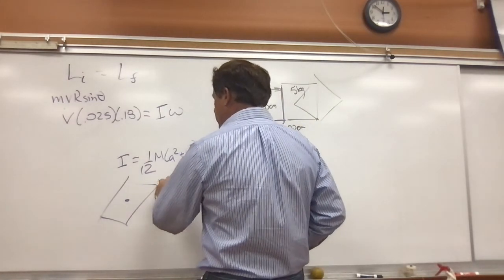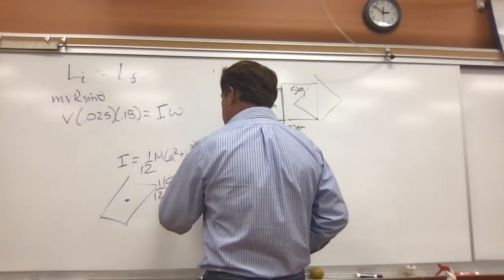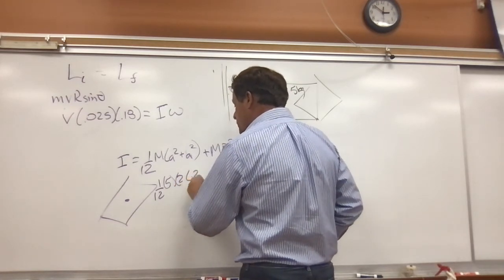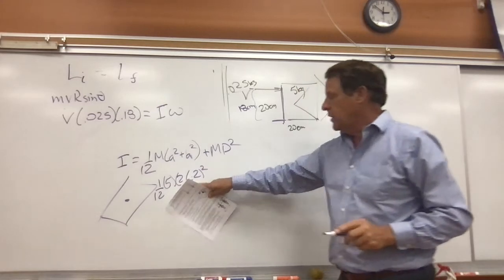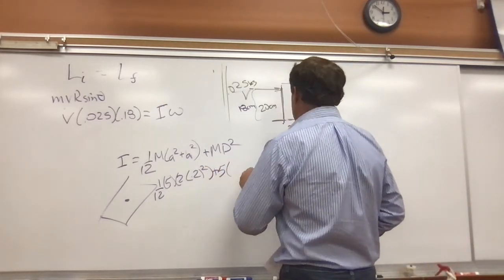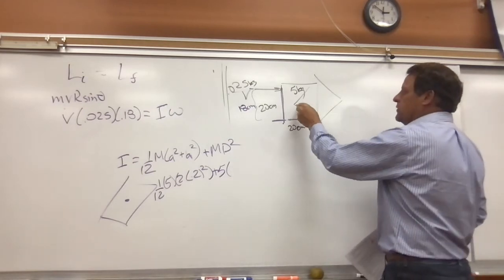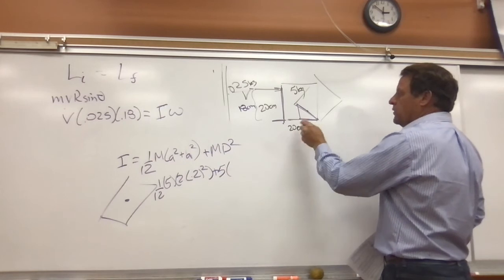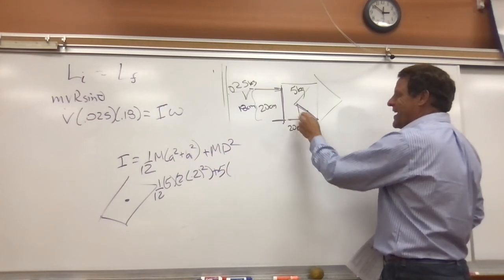So what's going to add these up? We're going to have 1/12 of 5 times 2 times 0.2 squared, 20 centimeters, okay? Plus 5 times, now the distance, right, is we want to know this distance right here. So half of 20 is 10 and 10.